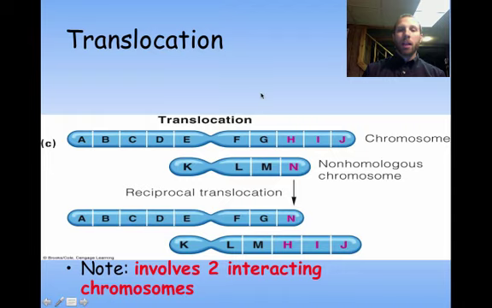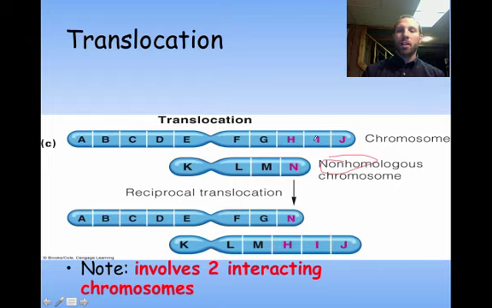A translocation is a little more complicated. A lot of people get it confused with crossing over because we're swapping gene segments from one chromosome to the other. But notice here, it's with non-homologous chromosomes. Therefore, the gene segments that are being swapped are not the same.